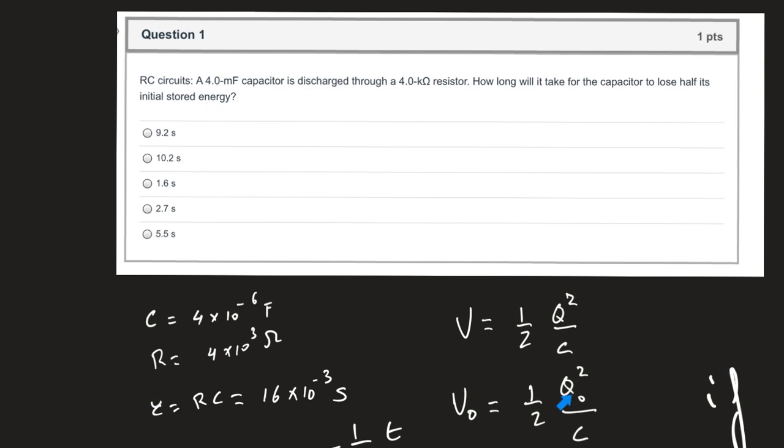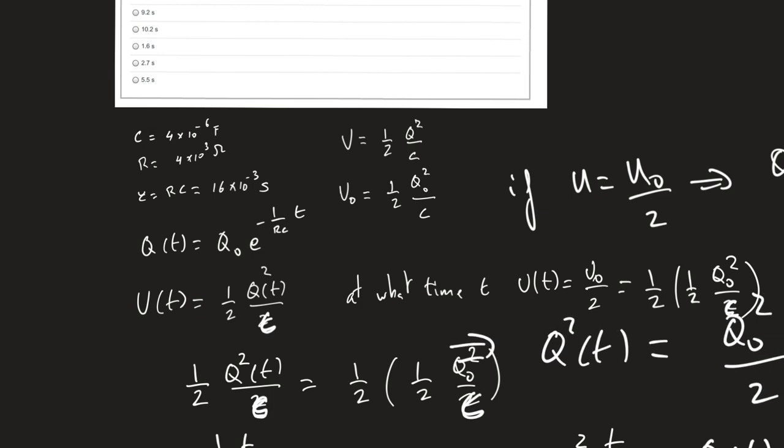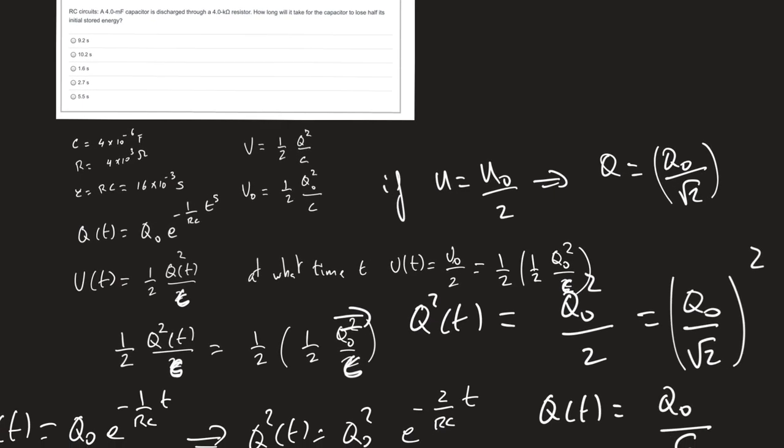To lose half of the initial stored energy means that the final energy will be 1/2 of this amount. If U equals U0 divided by 2, you can check that the energy stored changes by half because the charge has changed to Q0 divided by square root of 2.